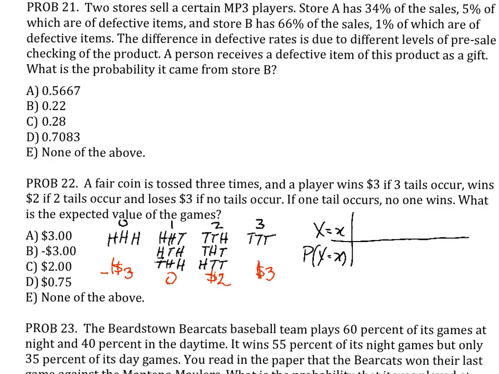Let's try and present the outcomes here and the probability of the outcomes here for the expected value, or the expected winnings, of the game. So rather than using the outcomes as 0, 1, 2, 3, we're going to use the dollar outcomes as negative $3, 0, 2, and 3.